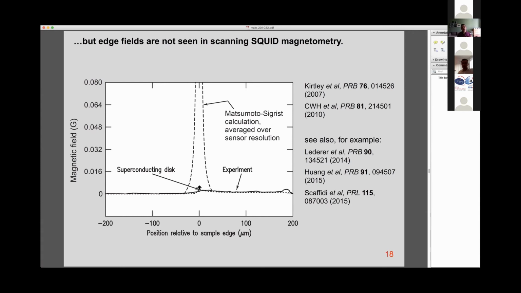In other words, the upper limit on the edge field from scanning SQUID microscopy is 2 to 3 orders of magnitude less than the prediction for chiral superconductivity, and much smaller than the fields seen in muon spin rotation.